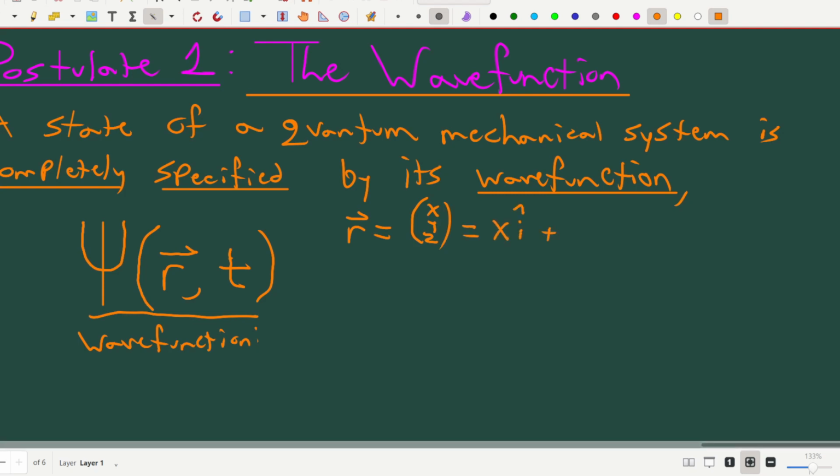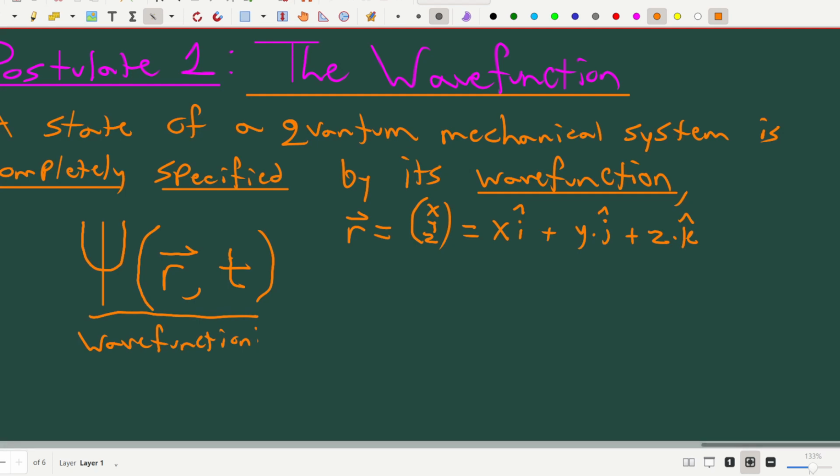Right, it's the position of the system in three-dimensional space. Oh, sorry, that's z. I apologize. Oh, sorry, that's k. Sorry. Maybe you remember this vector notation, right?